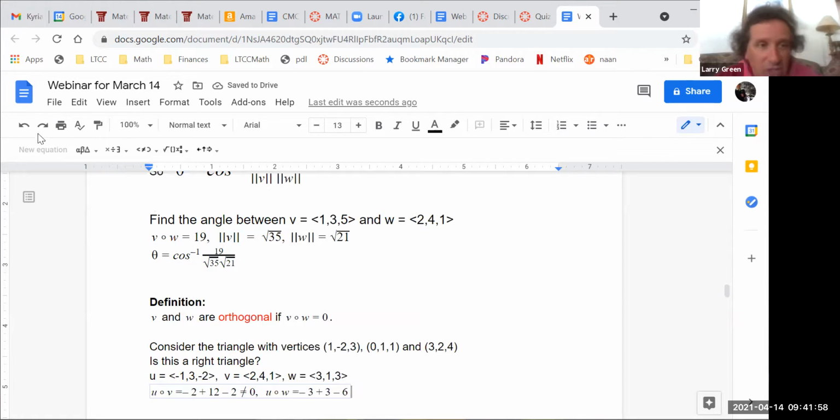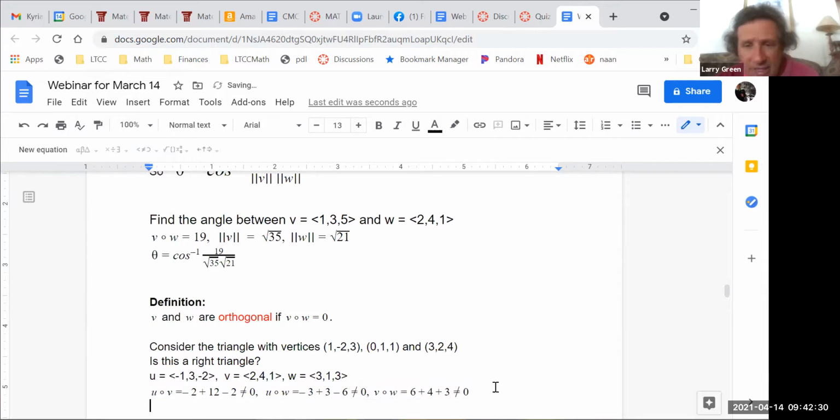And you can see that's not 0. And then finally, V dot W. And V dot W is equal to 6 plus 4 plus 3. And that one is also not 0.